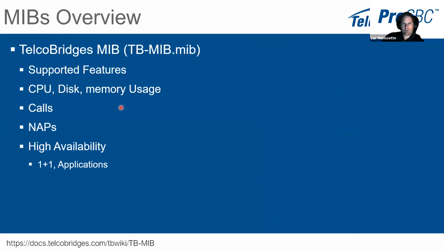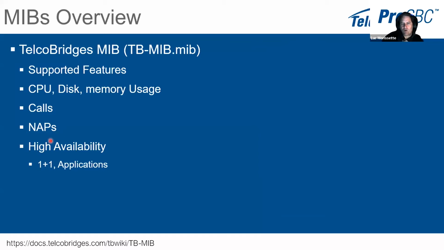If I show you the Telco Bridges MIB, you see it has features, what is supported on the SBC: CPU information, CPU percentage usage, disk usage, memory usage, call usage, network access point data about calls on the network access points, the call rate.